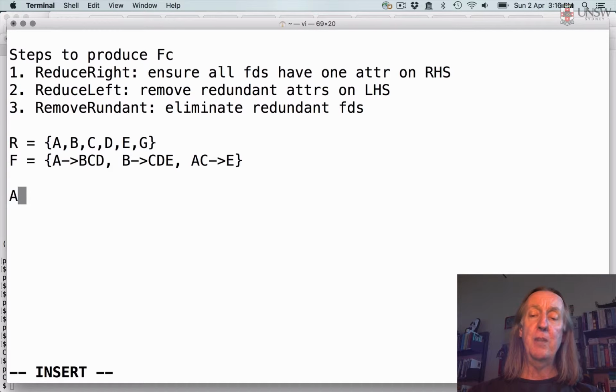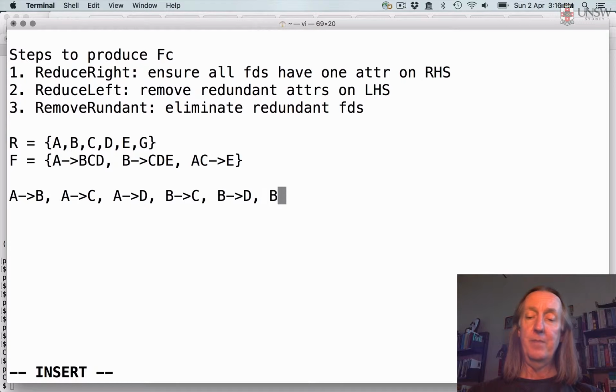So this first dependency can be pretty easily transformed into these 3 dependencies. And similarly, the second functional dependency can be transformed into these 3.